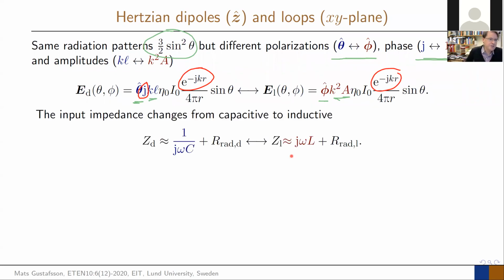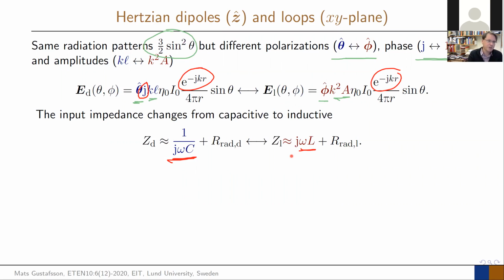The input impedance of the antennas changed from being capacitive here to become inductive. So the dipole is one piece of metal above and one piece below, so that are two pieces of metal. It's a capacitor. While the loop is really that the current just goes around in a circle, that's an inductor.